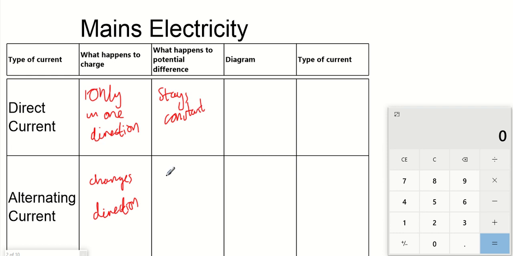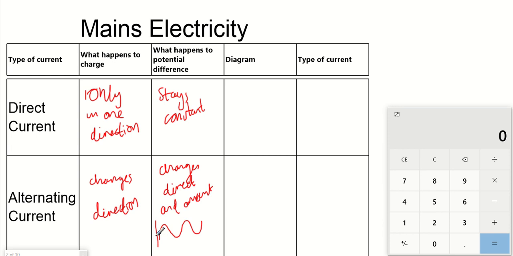In an alternating current, the potential difference changes direction and amount. Remembering it peaks up and down, up and down, up and down.